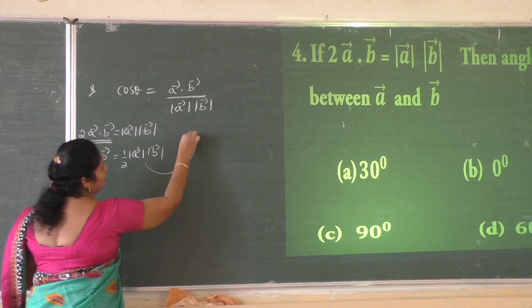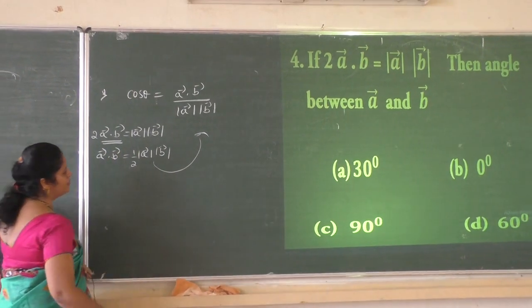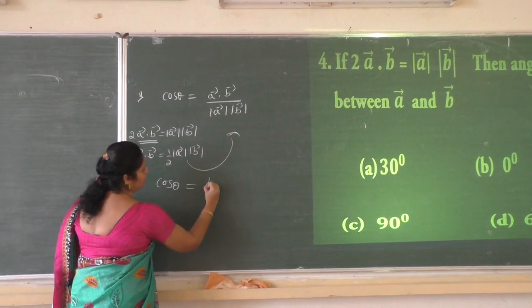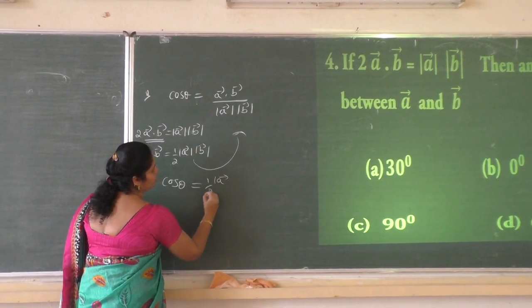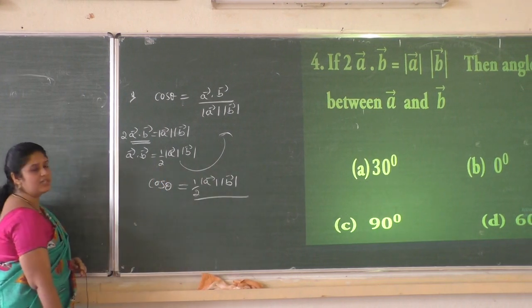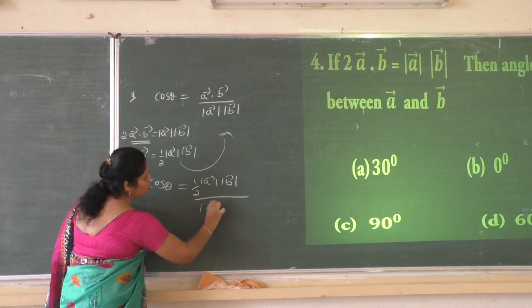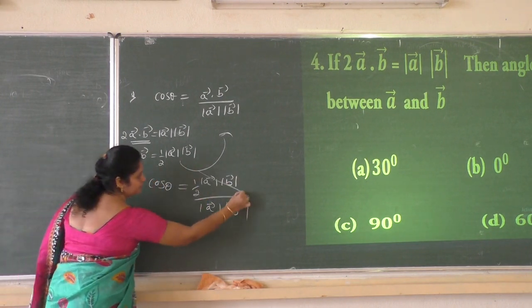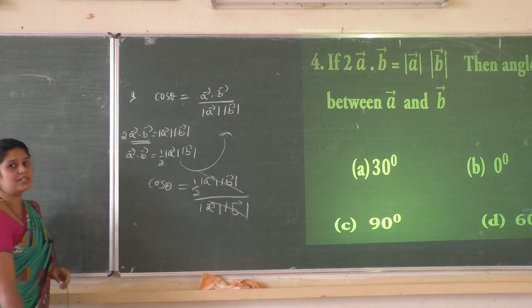Applying here, we get cos theta equal to 1 by 2 times magnitude of vector A, magnitude of vector B, divided by magnitude of vector A, magnitude of vector B. Those will get cancelled.